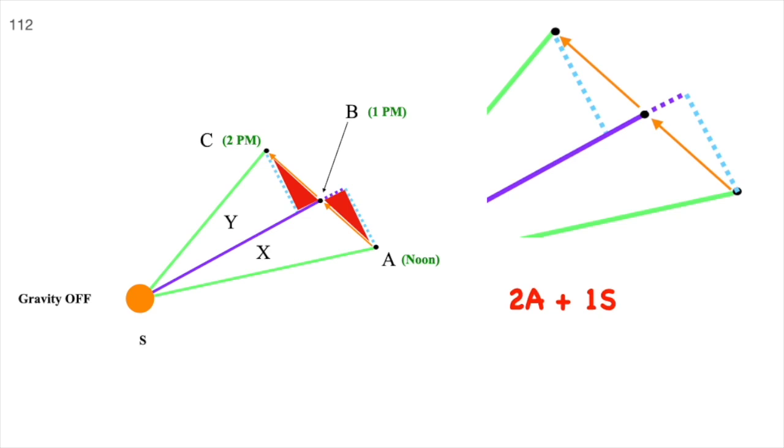The 2 red triangles are congruent in accordance with the 2 angles and 1 side rule. Therefore, the dotted blue lines, representing the altitudes of X and Y, are equal. So the areas of X and Y must be equal because they share the same base and their altitudes are equal.